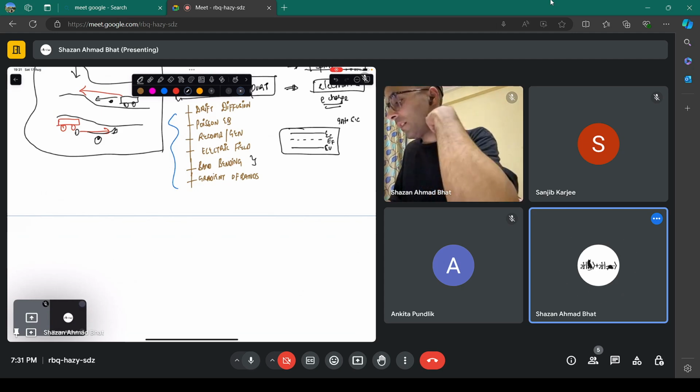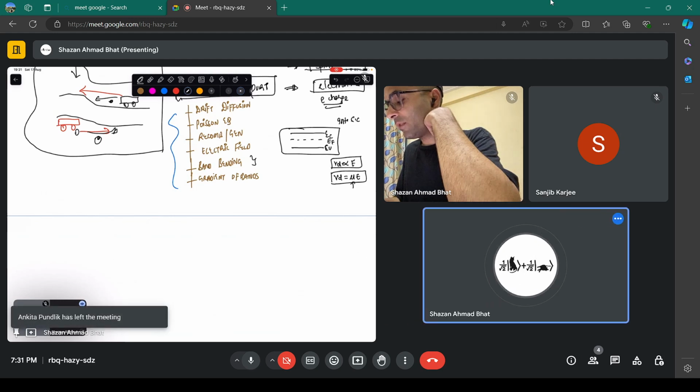If you are not applying anything, then you don't have drift velocity of the electron, because drift velocity is directly proportional to the electric field. That's why you write drift velocity as mobility times the electric field, where mobility is a kind of proportionality constant. But the drift velocity is dependent on the electric field.